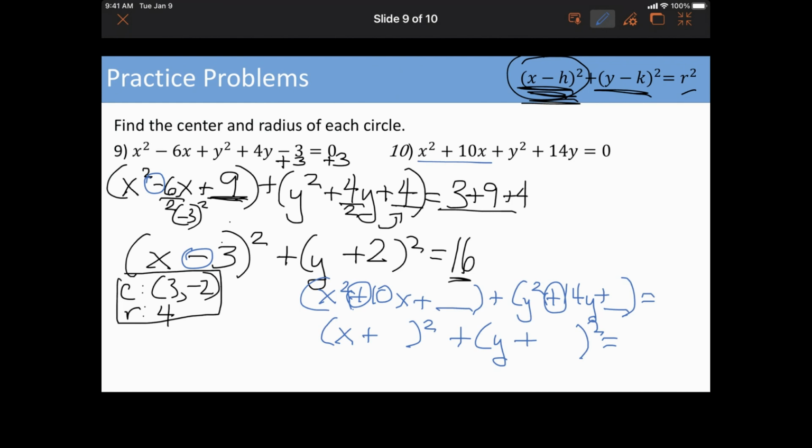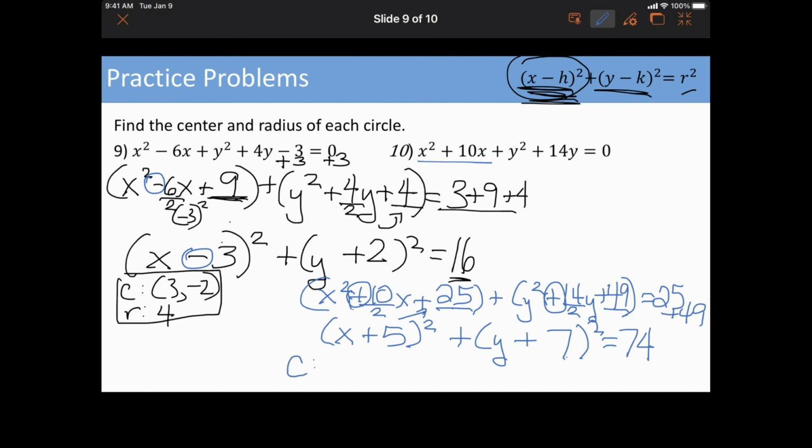Okay, so you're going to take this in half. That's 5. 5 comes down here. Then you're going to square it. That's 25. What you do to one side, you do to the other. Okay, let's try it again. You're going to take 14 divided by 2. You put that here, the half of it, and then square it. And that's going to be 49. Okay. And then you're going to add that, and that is going to be 74. So that is the equation of our circle.